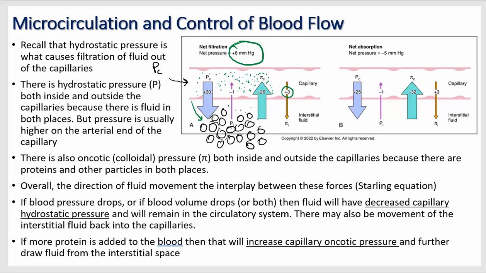We have colloidal pressure, which is an osmotic pull. It's saying, wow, look at all these particles here. We have fewer particles out here. So we have this pull in of -26. And even though this is higher, there's still some pull, because there are some particles out here. And it's saying, okay, well, there's some particles.